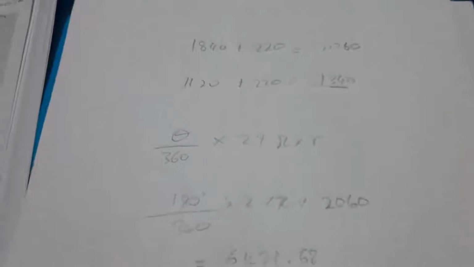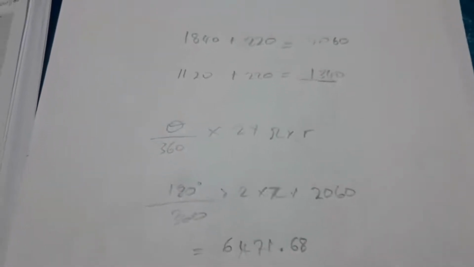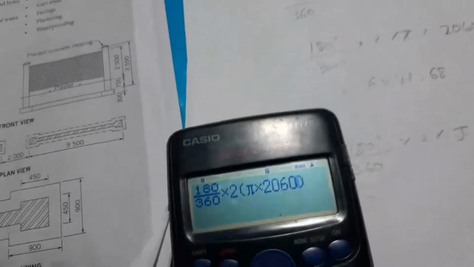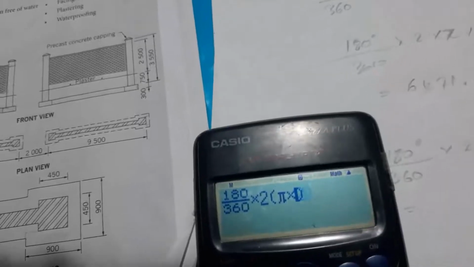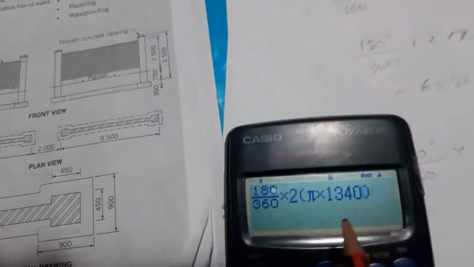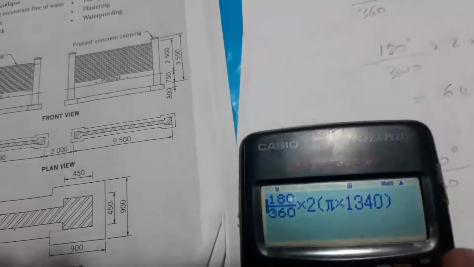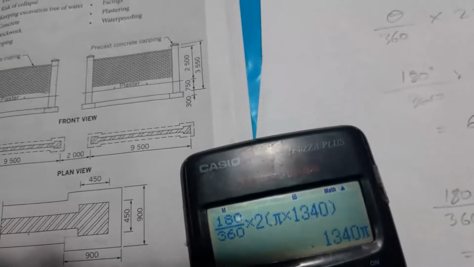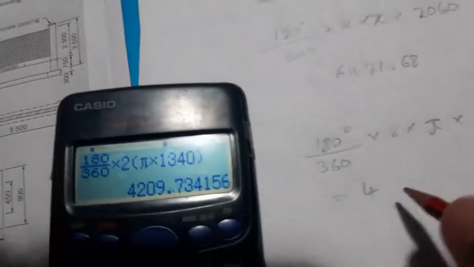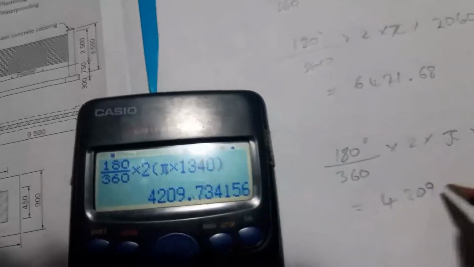So we got that the radius was 1340. So again, you calculate that length, which is 4209.73.